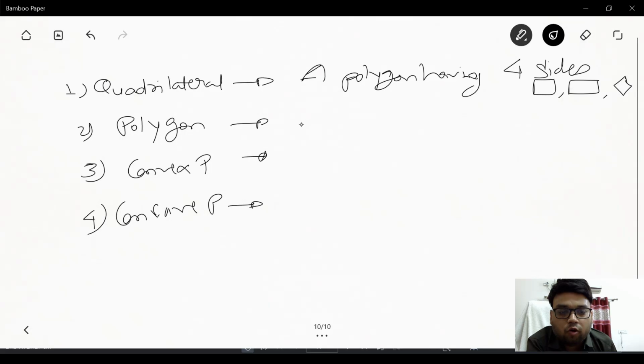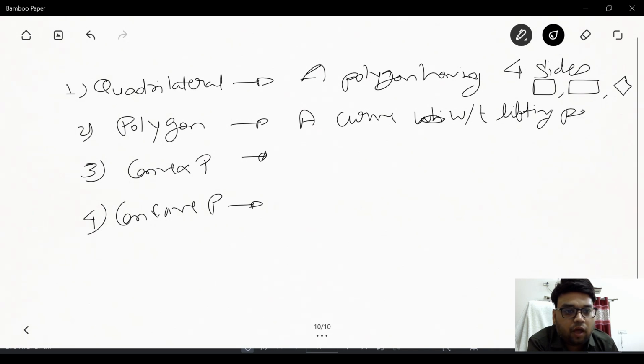Polygon, what is a polygon? A polygon is nothing but a simple curve drawn without lifting the pen, and whatever figure is made is called a polygon. A polygon is further classified into convex polygon and concave polygon.